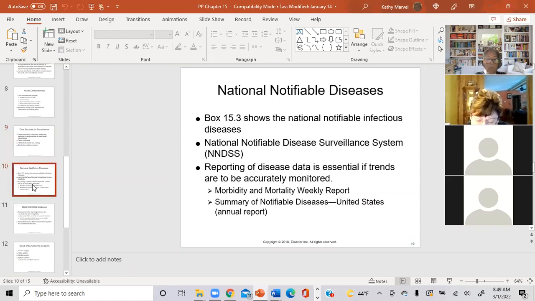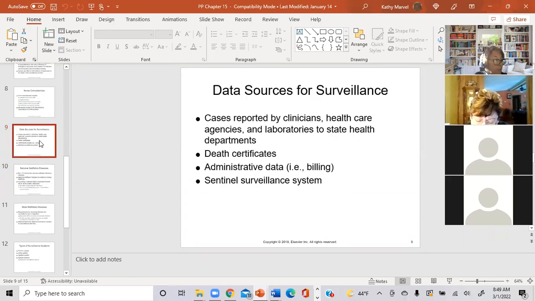Okay. We have, it's in the book, we'll go to it, but we have different surveillance systems. We have how we report it. We can report it passively, actively, sentinelly, and syndromically. We'll go through that. Okay, data sources for surveillance, death certificate, you can read through this.